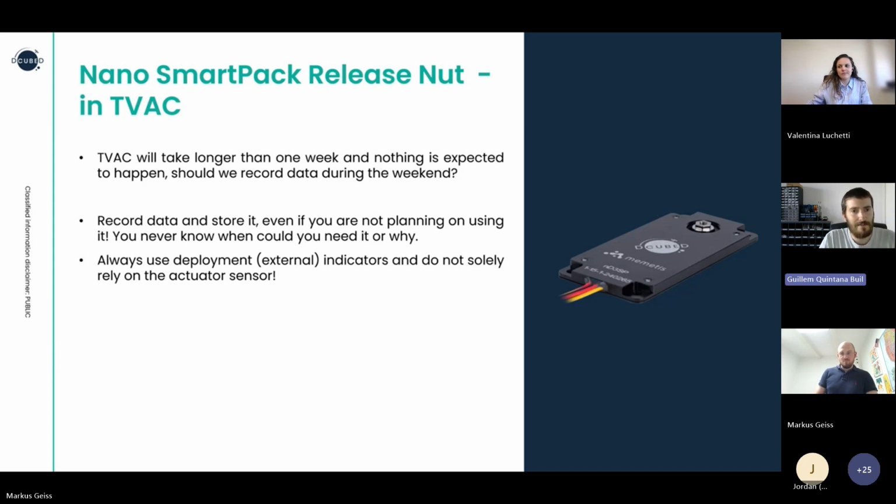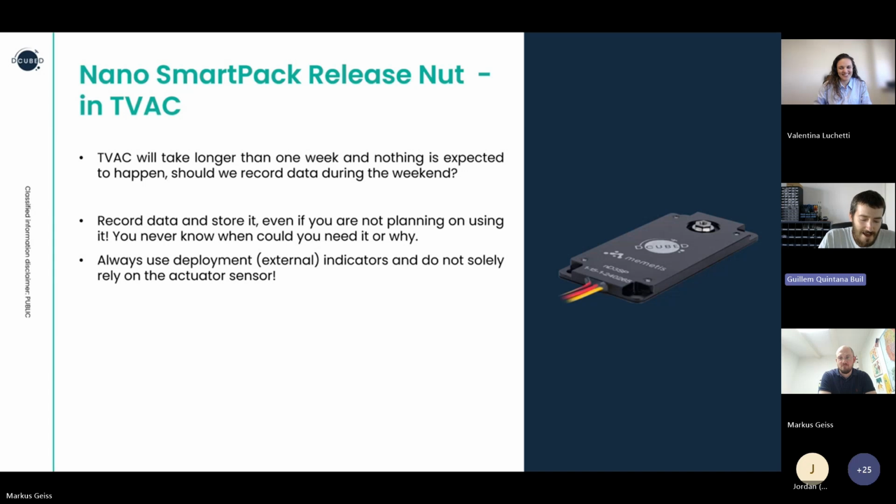There's a debug campaign, nothing has happened during the entire week, the weekend is coming and the campaign is scheduled for 2 more weeks. And it's like, well, why should we keep recording the housekeeping data from the satellite during the weekend? There's not going to be anyone there, and we are not expecting anything to happen. So let's just spend the weekend relaxing, and next Monday we'll see.